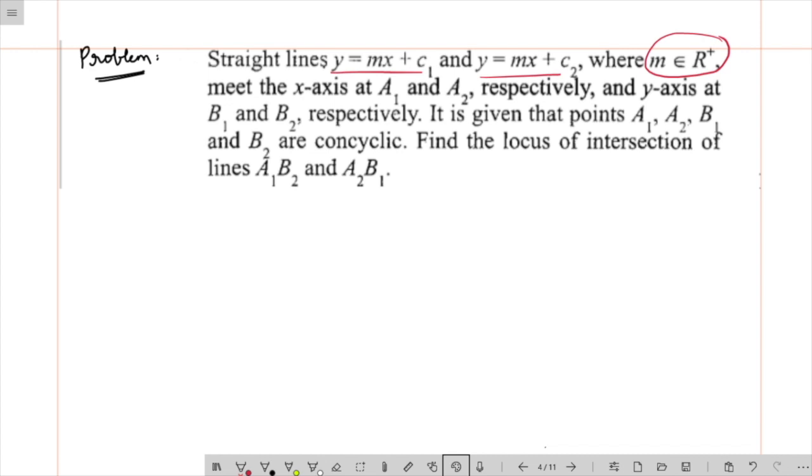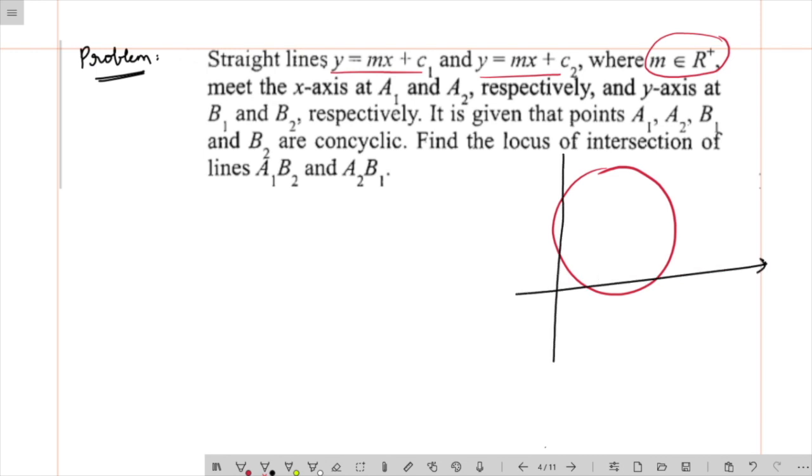So let's represent what is given in the question in diagrammatic form. Let me take the two lines for my convenience. First I will draw the circle, and let me take the coordinate axes.